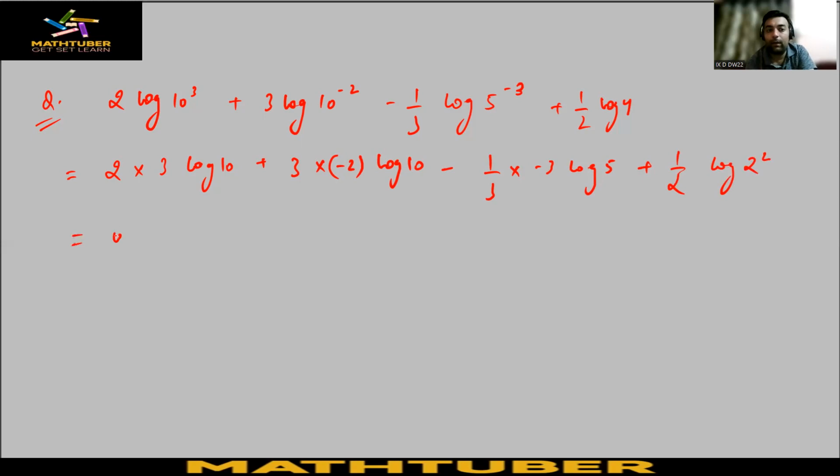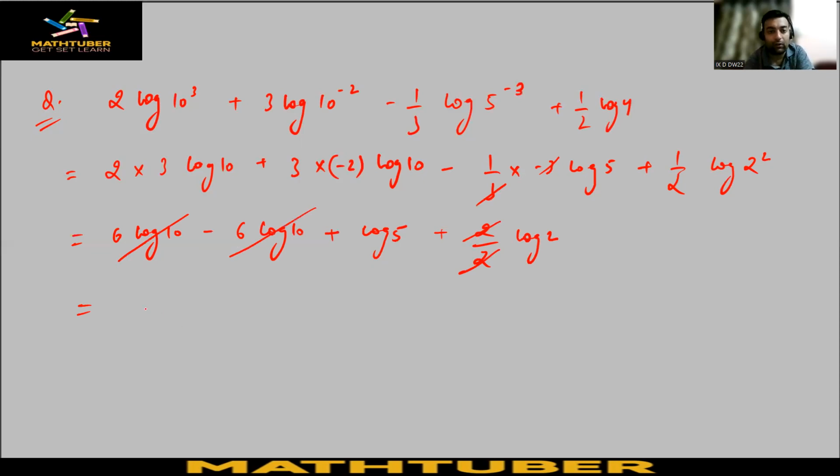So here it will become 6 log 10, and this will become minus 6 log 10. The 3 will cancel out each other and minus minus becomes plus. So it will be log 5 here plus 2 upon 2 log 2. So this also gets cancelled. This will also get cancelled.